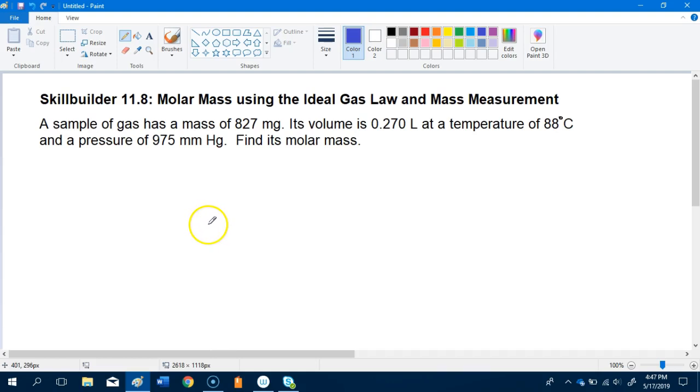First of all, I like to write down what I'm given. I have a sample of gas that has a mass of 827 milligrams. I'm going to have to convert that to grams in order to use my ideal gas law.